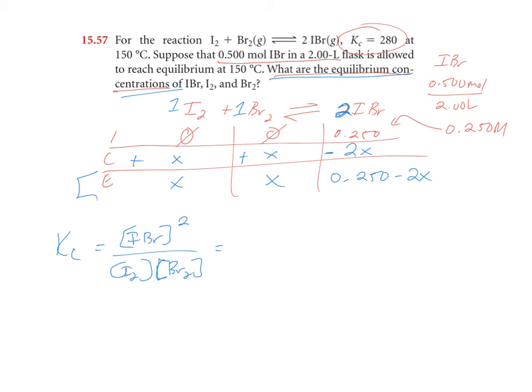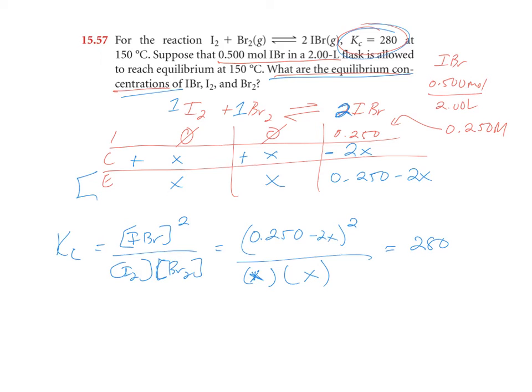Now if I plug in, my numerator is this binomial 0.250 minus 2x. It is squared over I2 is x, Br2 is x. And this all equals K sub C up here, 280. Now, at the bottom here, I have x times x, which is x squared.